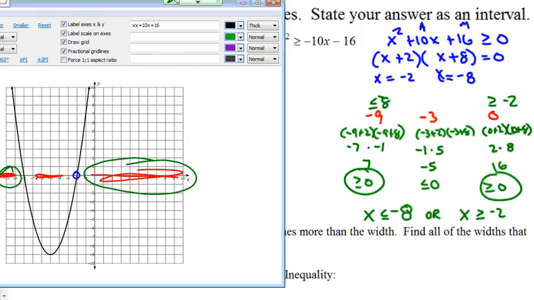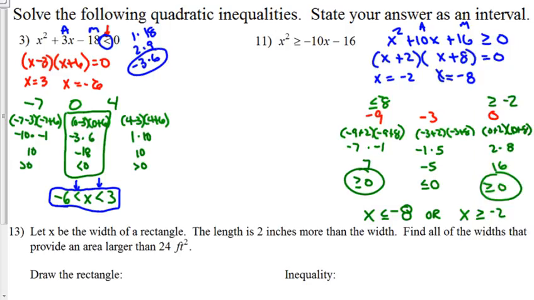And this is an "or" in between. If we look back at the graph, notice it's bigger than 0 here, it's bigger than 0 here, and that's outside that area in the middle. So that's why we wrote less than or equal to negative 8 or greater than or equal to negative 2. There you go.